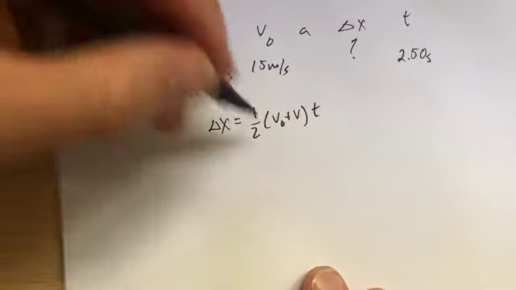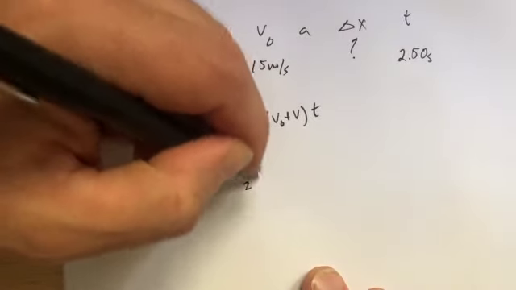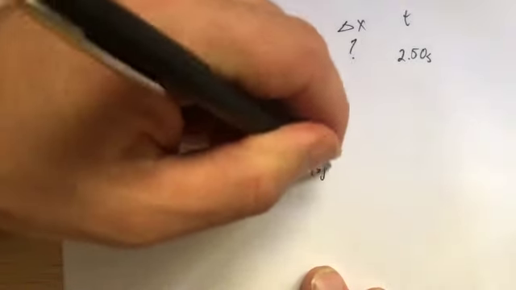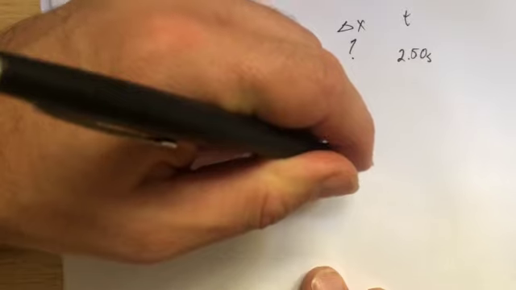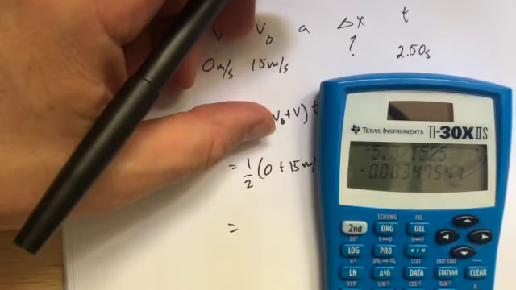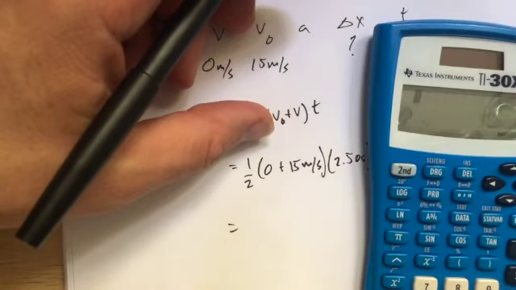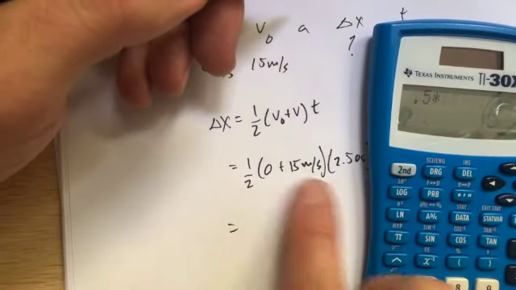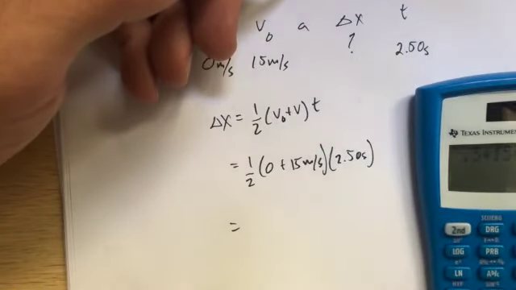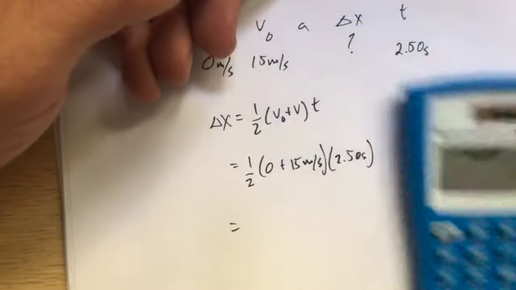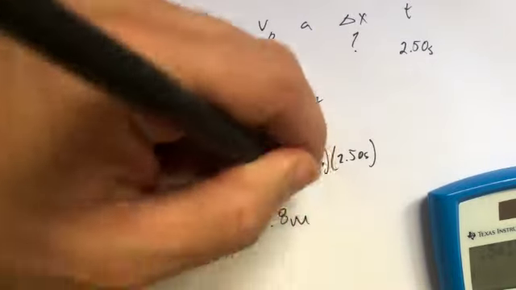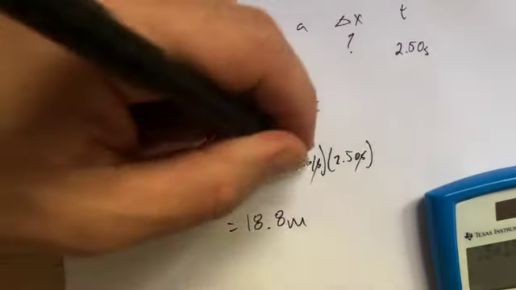And then I can just plug my numbers in, 1/2 times 0 plus 15 times 2.5 seconds. Let's get out the handy dandy calculator here, and we go 0.5 times 15 times 2.5, and I get 18.75. That's 18.8 meters. Seconds canceled out seconds there to leave me with meters.